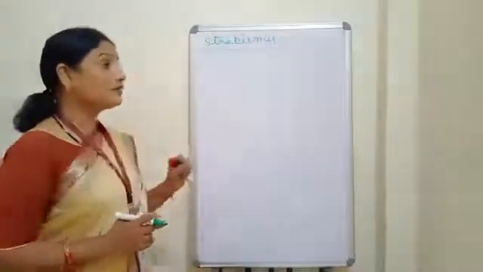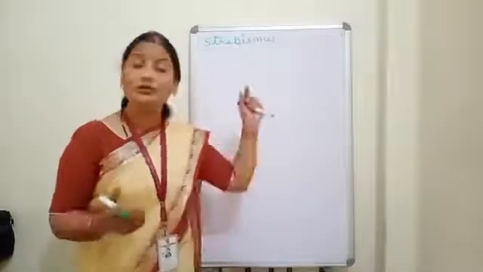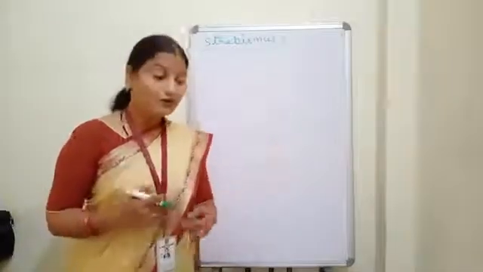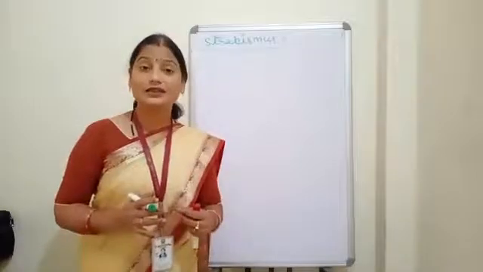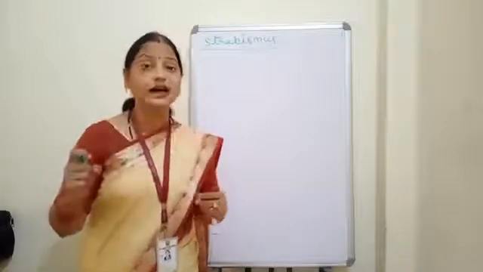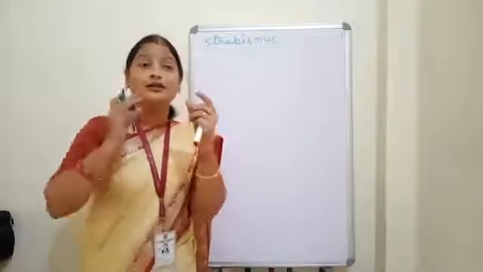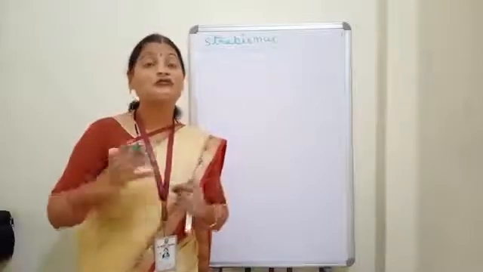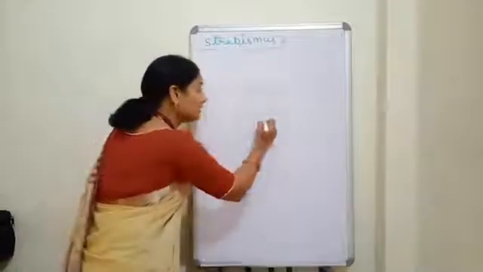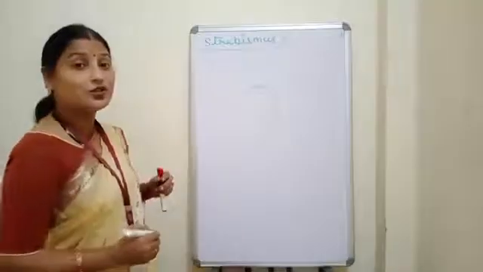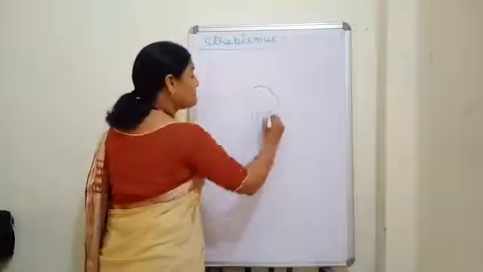Okay, now how does this squint or strabismus occur? What happens? The muscles which are holding our eyeball may become of different length. If this is the location of the eyeball, children, then the eyeball is held in the socket with the help of some muscles.